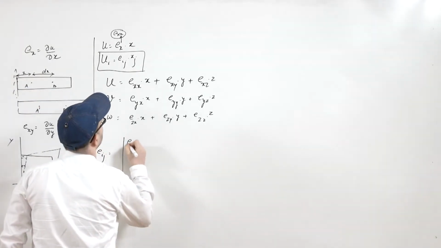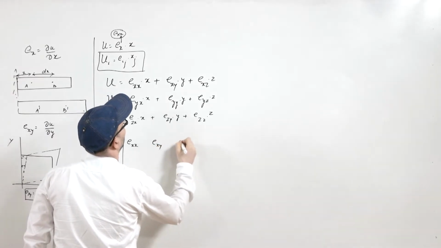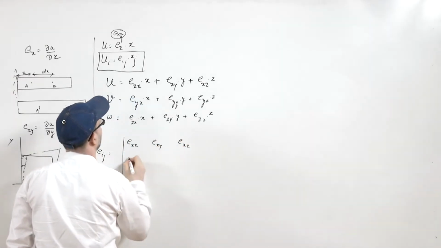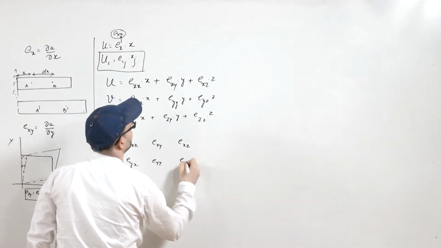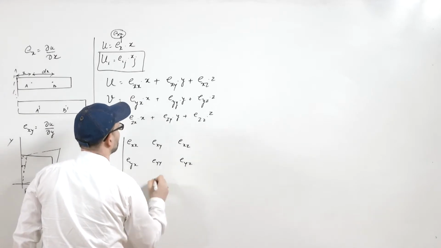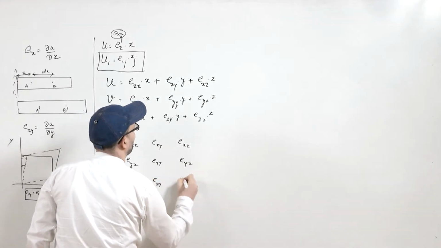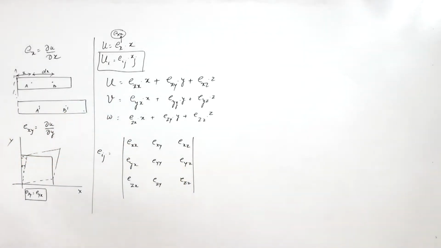So you will have Exx, Exy and Exz. Similarly you have Eyx, Eyy and Eyz, and Ezx, Ezy and Ezz. That's how you define the strain.